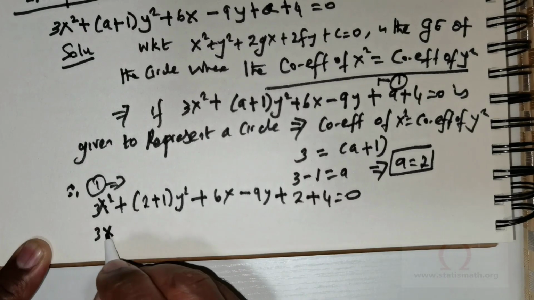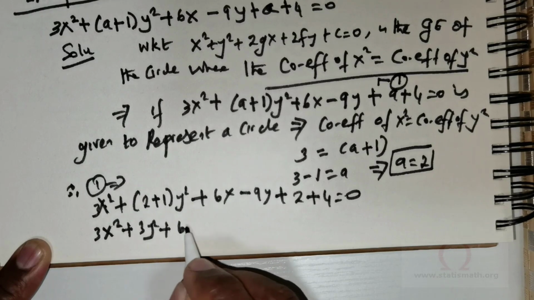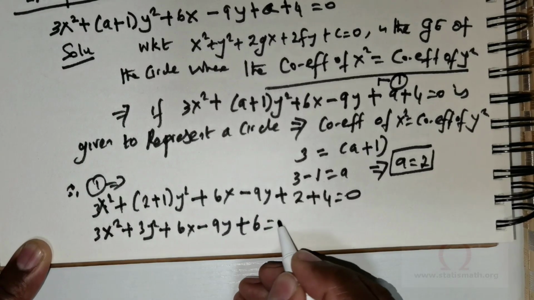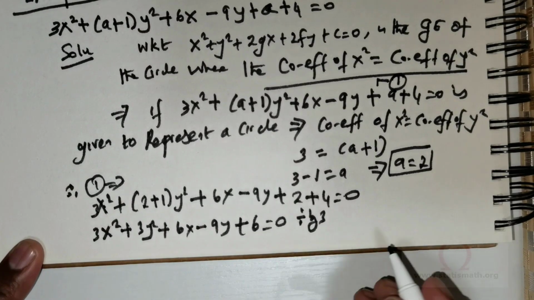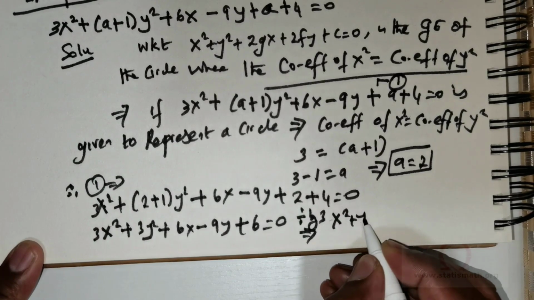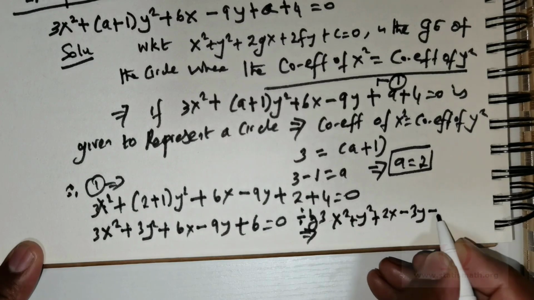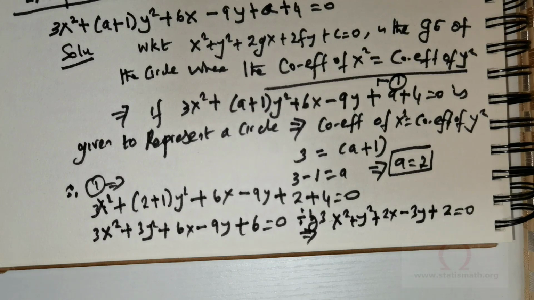Rewriting this, I will get 3x² + 3y² + 6x − 9y + 6 = 0. I can divide by 3 throughout, so that would give me x² + y² + 2x − 3y + 2 = 0. So this is what I have got.